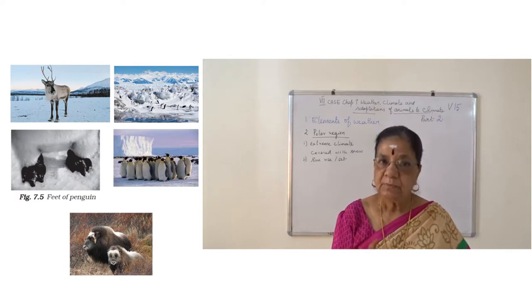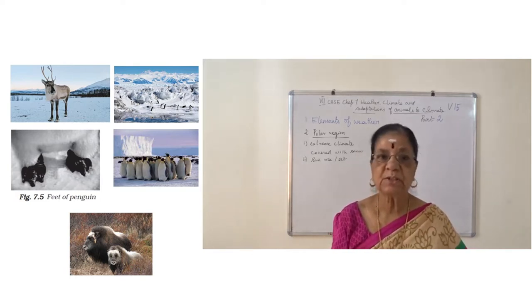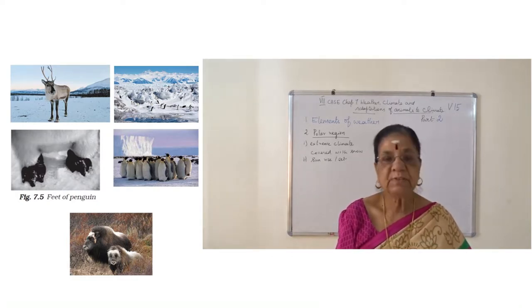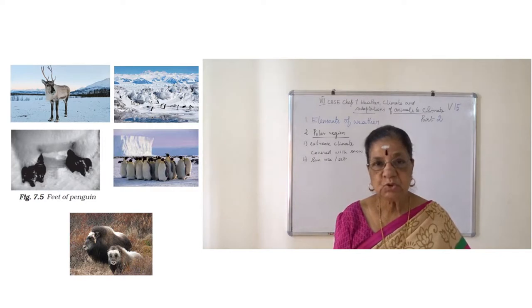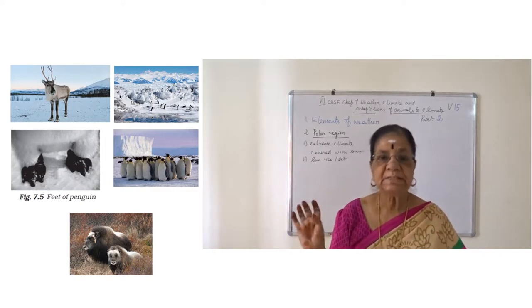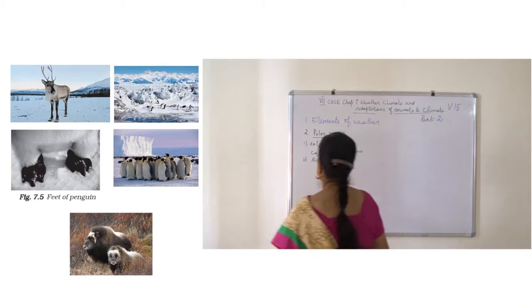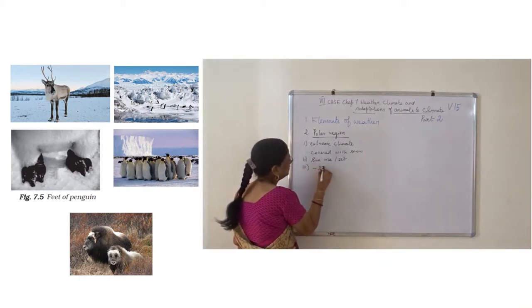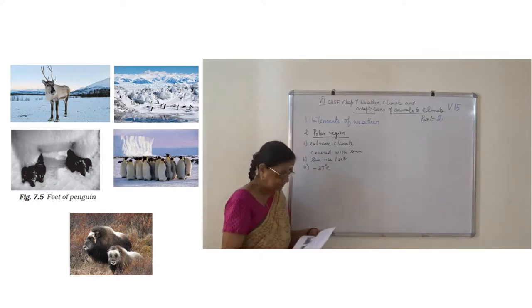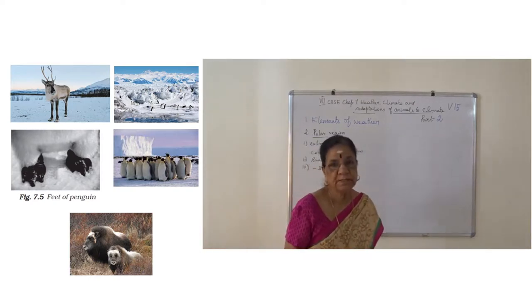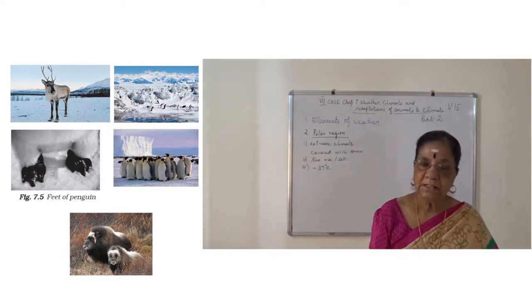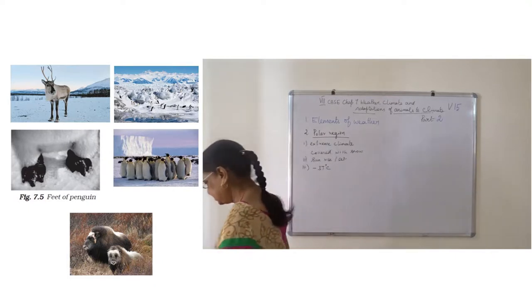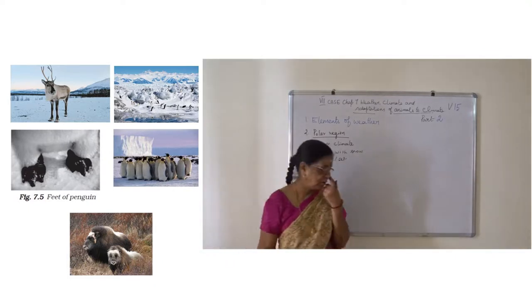In winter the temperature goes down to minus 37 degrees centigrade. This is the normal climatic condition of the polar region. I hope you could follow this.